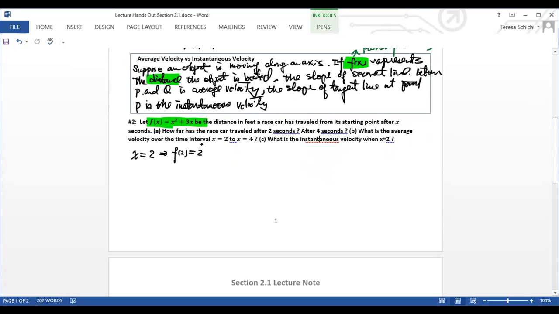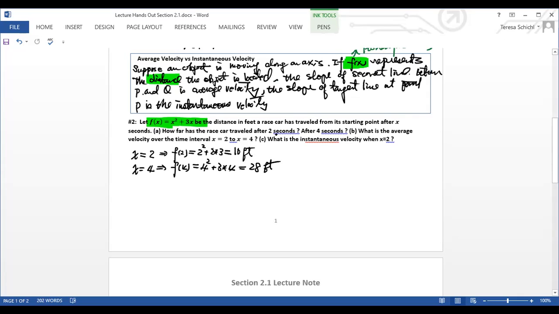So this is 2 squared plus 2 times 3. So this will be 10 feet, right? Now when x equals 4, then how far have I traveled? Here, this is 4 squared plus 3 times 4. Okay, so this is 28 feet, right?